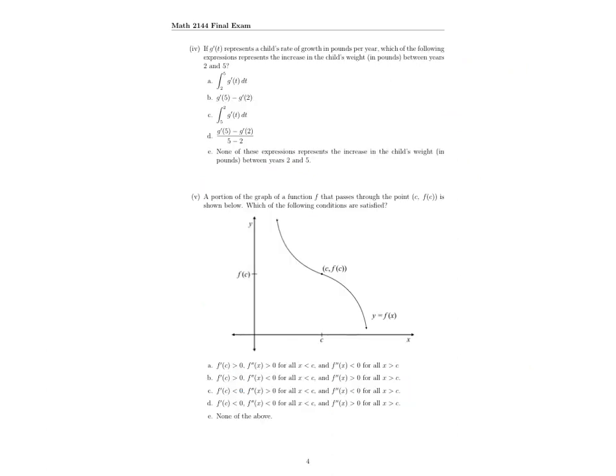So next we have, if g prime represents a child's growth rate in pounds per year, which of the following expressions represents the increase in the child's weight between years 2 and 5?